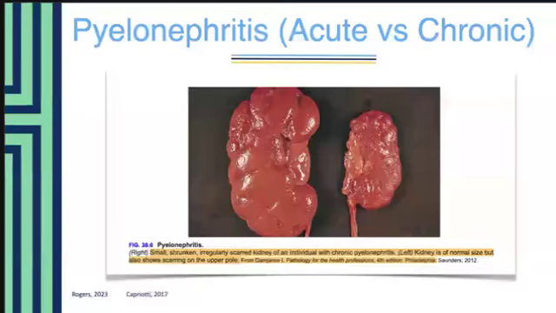Now, talking about pyelonephritis, we look at acute versus chronic, where acute pyelonephritis is typically caused by ascending bacterial infection from our bladder, often involving that uropathogenic E. coli that we talked about.